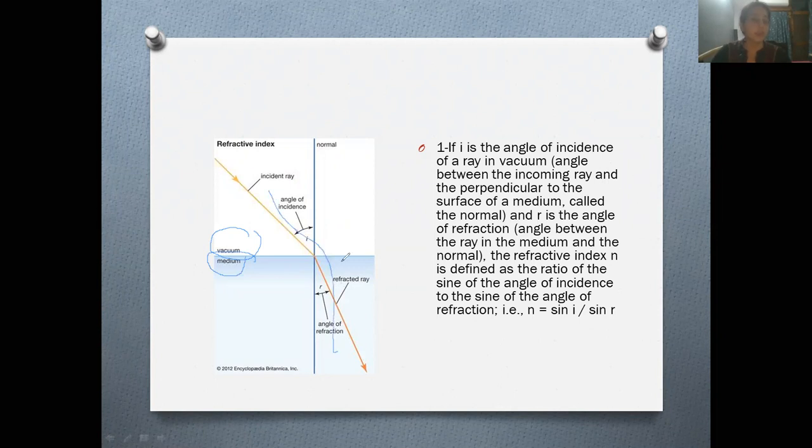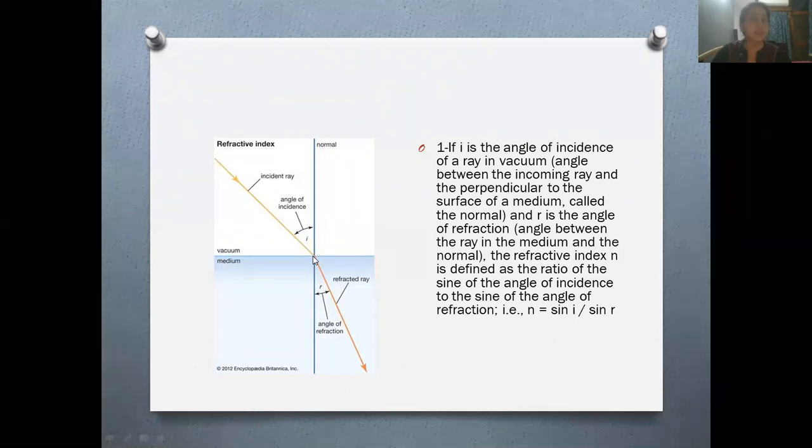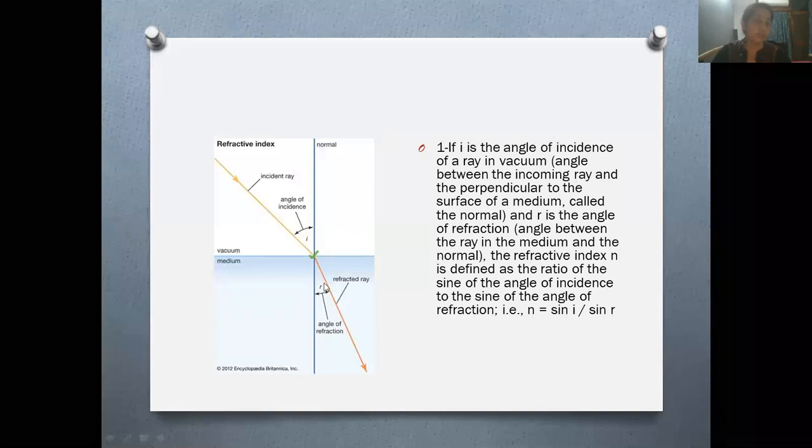So light will not travel straight like that. It bends from the point of incidence. At this point it will bend towards the normal. Means as soon as the light passes from one medium to another, it bends.